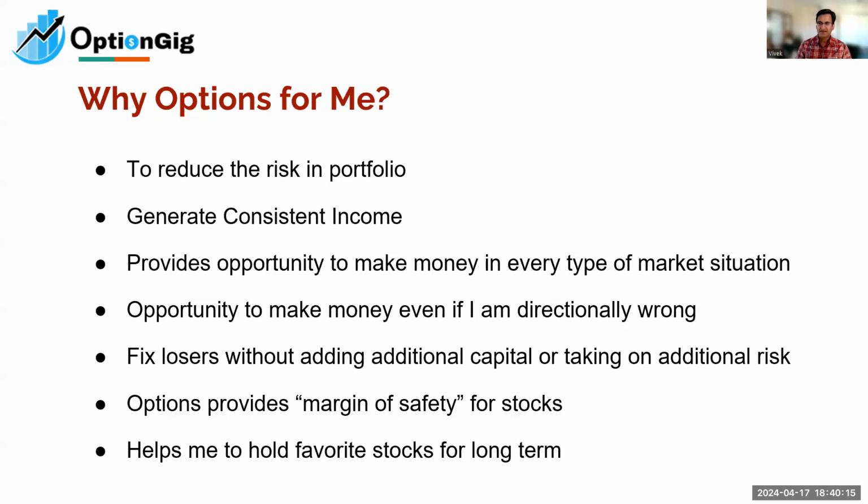I can make money even if I'm directionally wrong, right? And we're going to talk about some strategies where even if I thought I'm bullish and put in a bullish trade, the stock actually went down, and you can still make money. You can fix losers without adding additional capital or taking on additional risk.